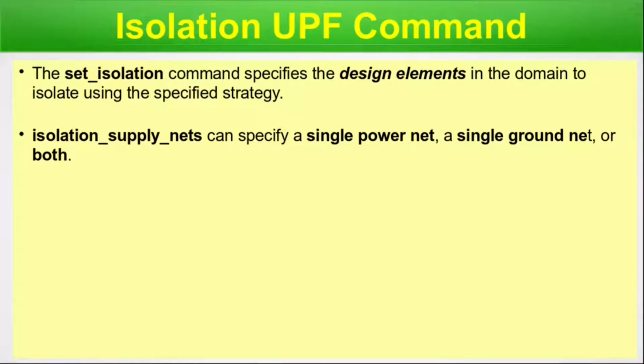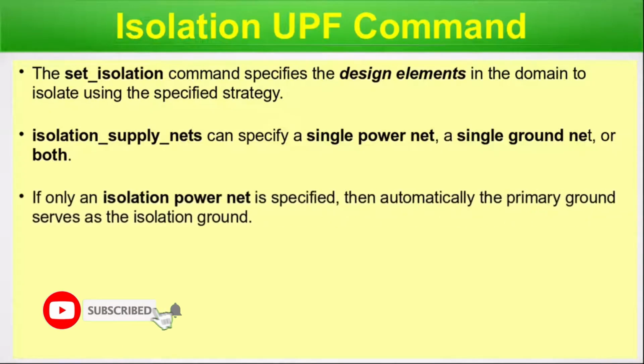So, one particular UPF command can either specify a power net or a ground net as an isolation net. If only an isolation power net is specified, then automatically the primary ground net serves as the isolation ground net.